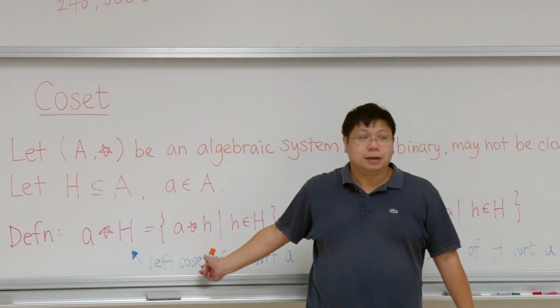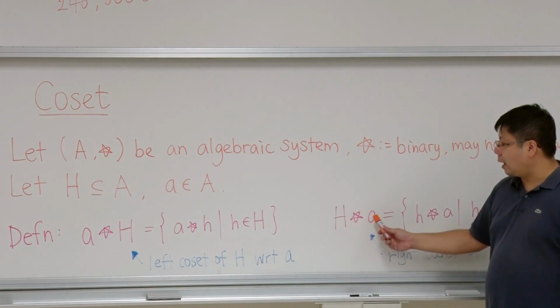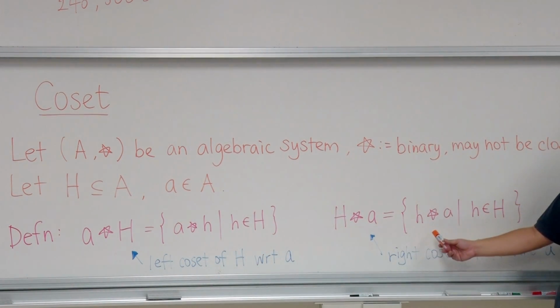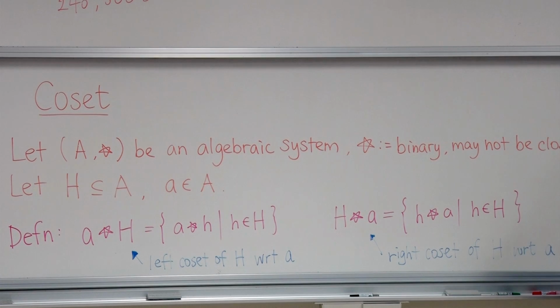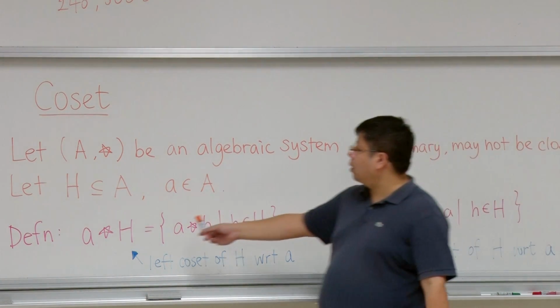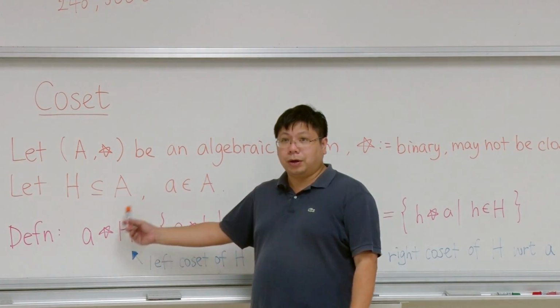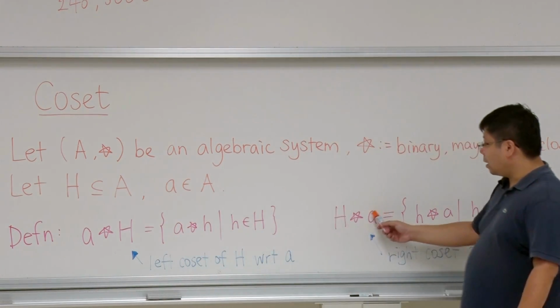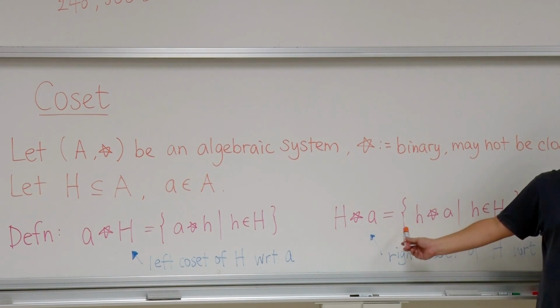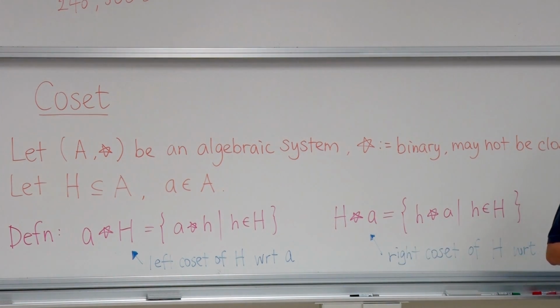Similarly, this is big H star a, a set that contains all the items of the form h star a, where h is in big H. One applies a on the left-hand side of H, which we call a left coset, and one applies a on the right-hand side of H, which we call a right coset.